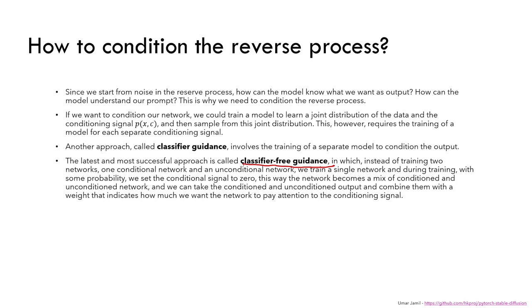But the idea is this, that we train a model that when we train it, sometimes we give it the prompt and sometimes we don't give it the prompt, so that the model learns to ignore the prompt but also to pay attention to the prompt. And when we sample from this model, we do two steps. First time we give it the prompt of what we want, and the second time we give the same noise but without the prompt of what we want.